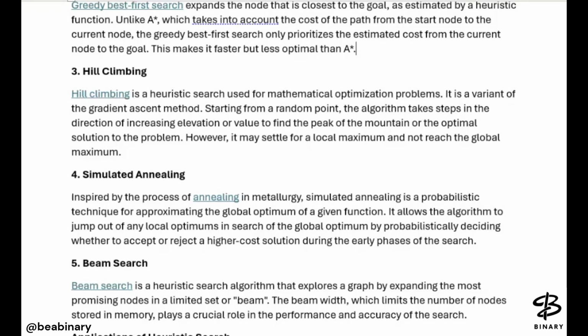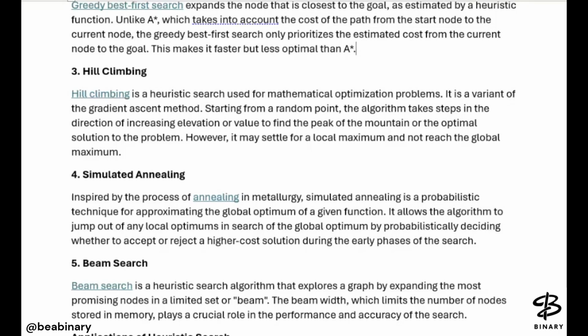The peak of the mountain, as the name suggests, is the best solution of my problem. It terminates when it reaches a peak value where no neighbor has a higher value than its own.